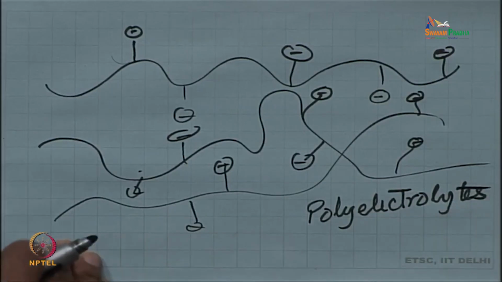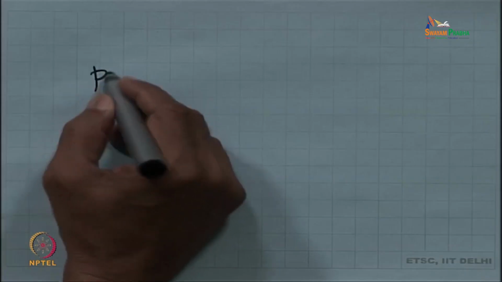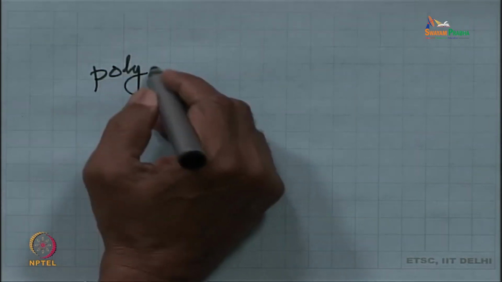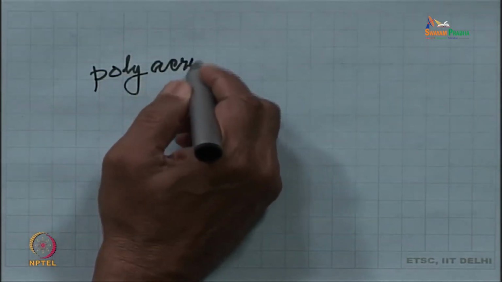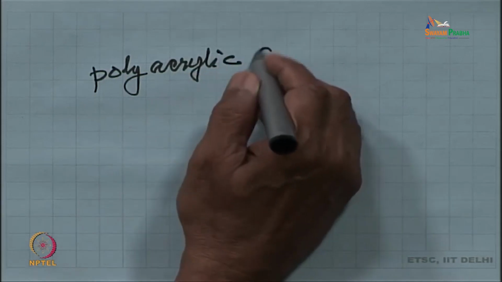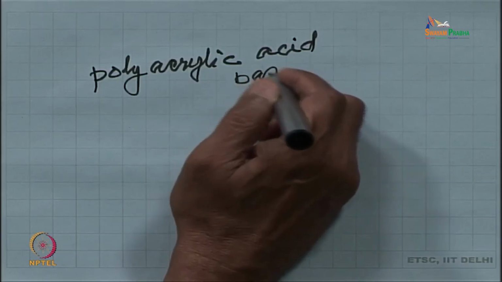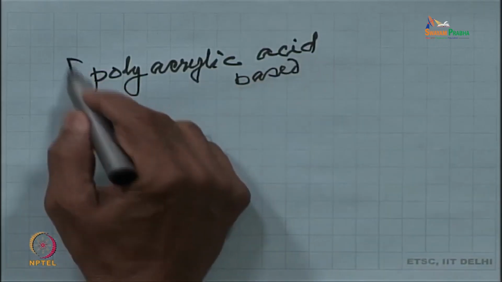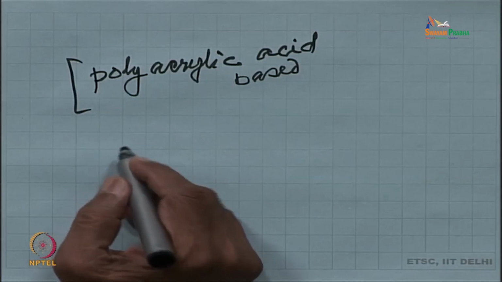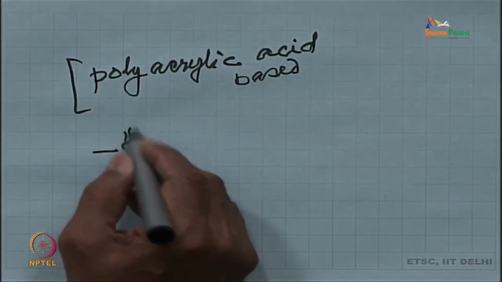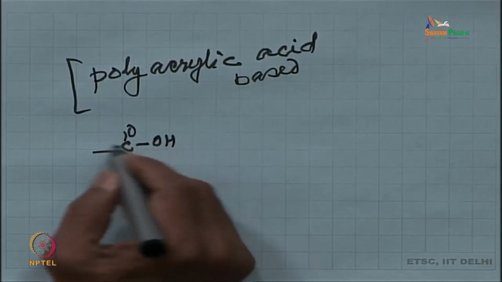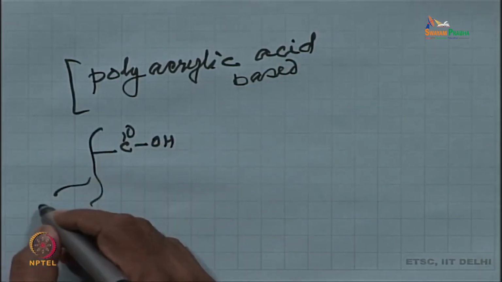So one of the popular types of synthetic thickener could be, let us say, polyacrylic acid based. Polyacrylic acid obviously will have COOH type of groups all over, isn't it?